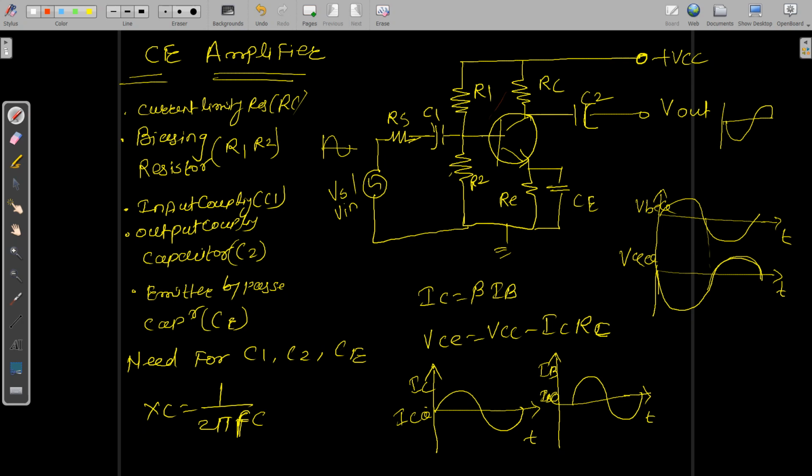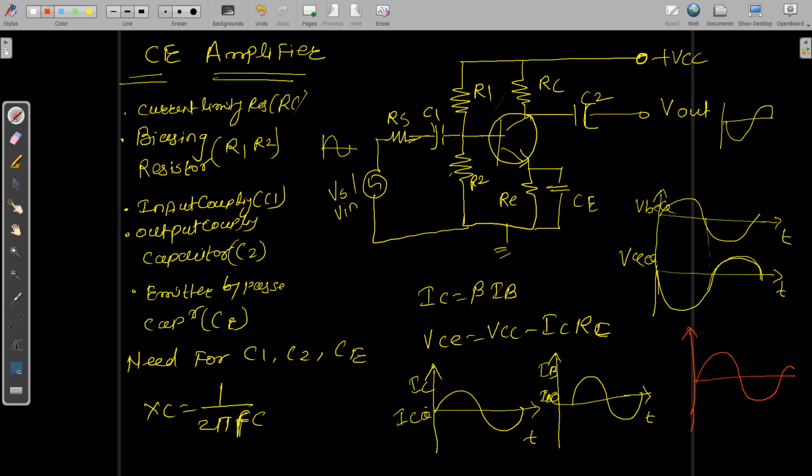That means your Q point conditions like IBQ, ICQ, VCQ, VBQ should be maintained. These are the DC biasing conditions on which you are going to superimpose your AC signal, and then you get the amplification at the output side.